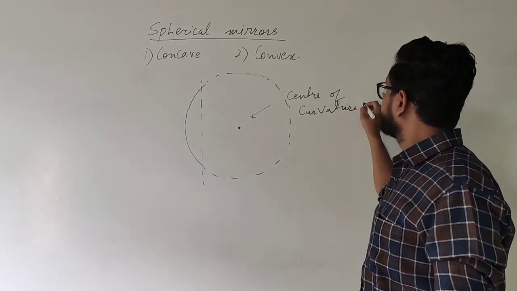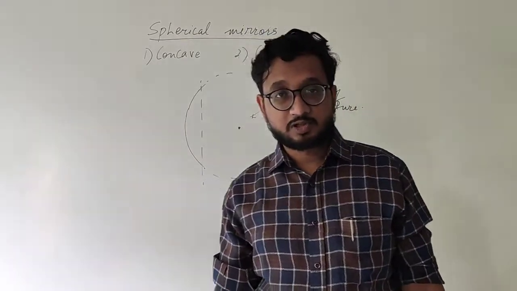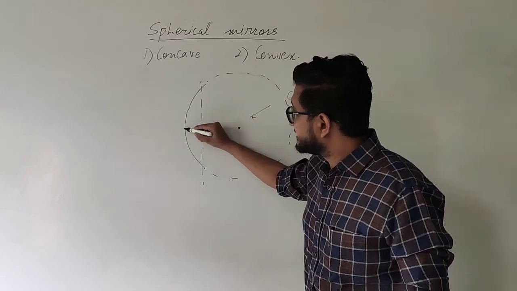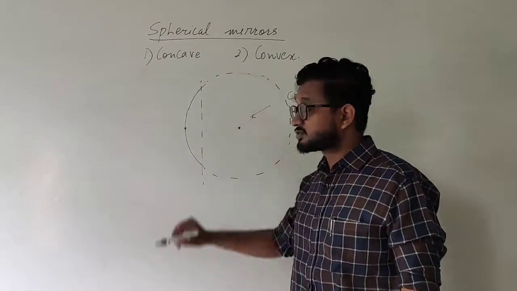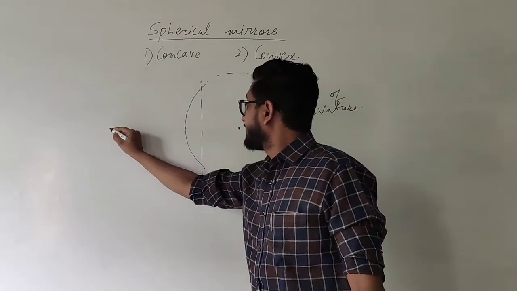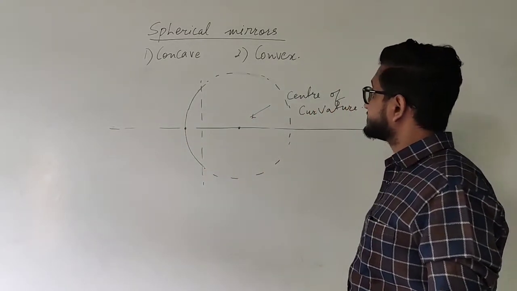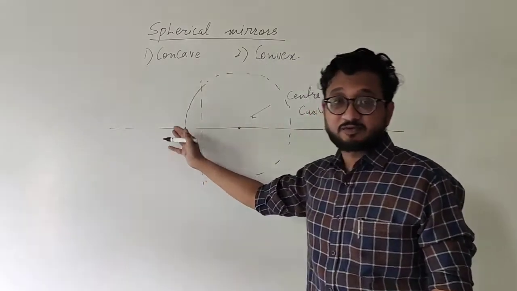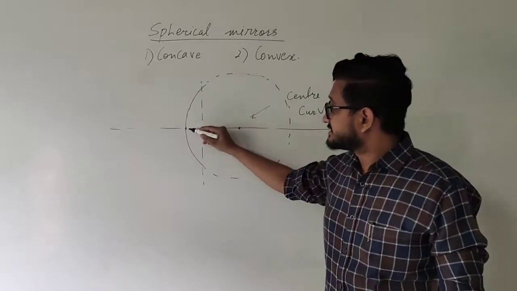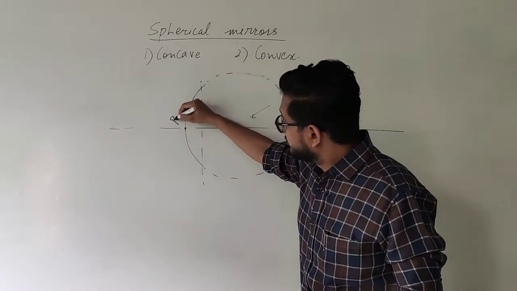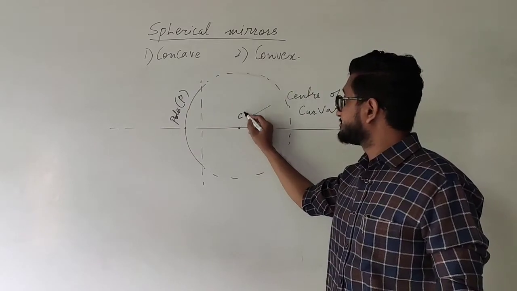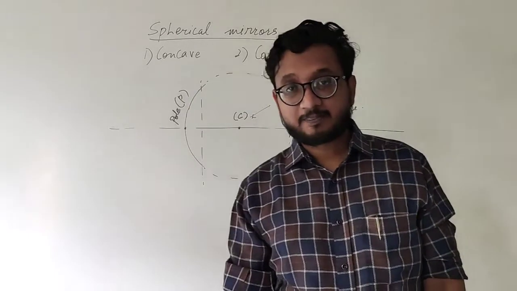This particular mirror also has a center point, and we have a line passing through this point of the mirror as well as the center of the sphere. The center of the mirror is called the pole, given by symbol P, and the center of curvature is given by symbol C.